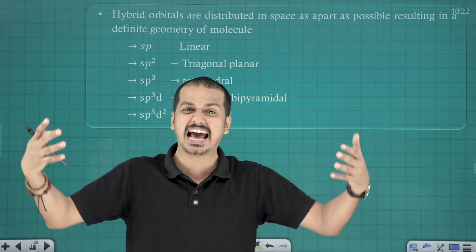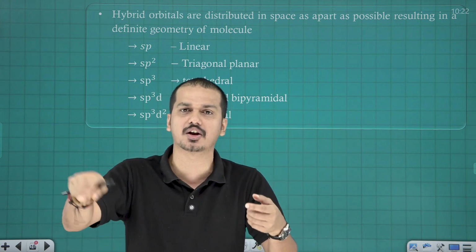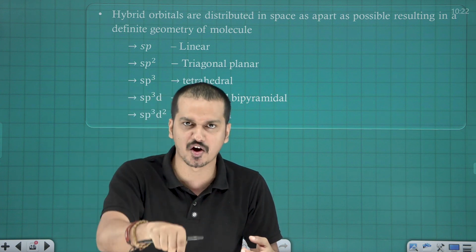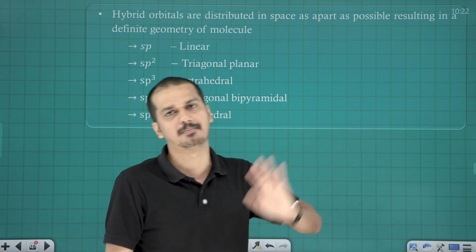So instead of atomic orbitals directly coming and overlapping, before that they undergo intermixing and form hybrid orbitals. These hybrid orbitals then overlap. That is what hybridization is.